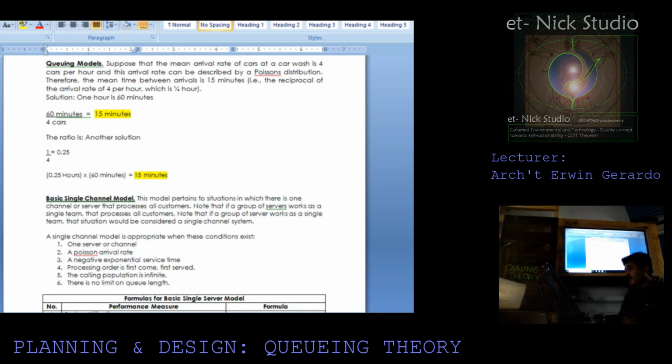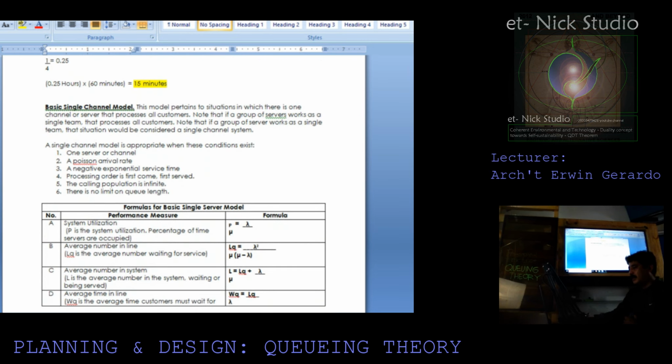Therefore, there is a 15-minute interval. The ratio is another solution. 1/4 is equivalent to 0.25 hours, times 60 minutes, so you will arrive at the same answer of 15 minutes.